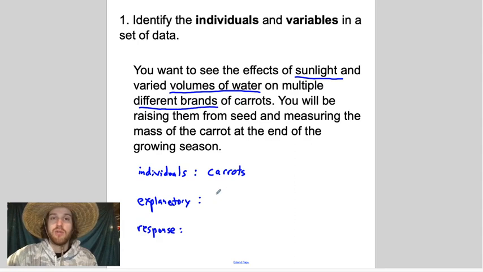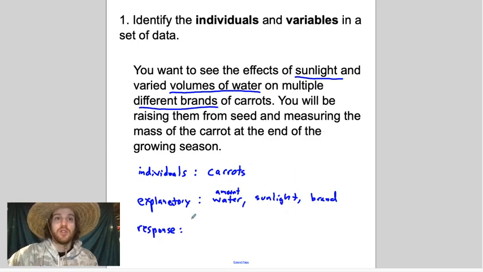So explanatory variables here would be the amount of water, the amount of sunlight, and the brand of carrot. We can change those things, and hopefully in the end we're measuring the response variable, which is the mass of the carrot.